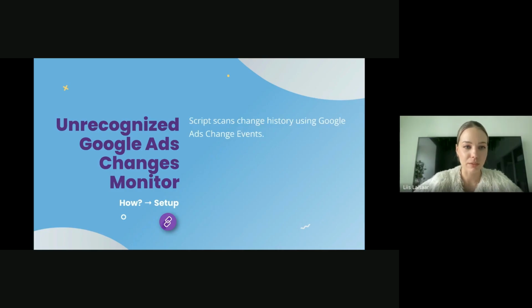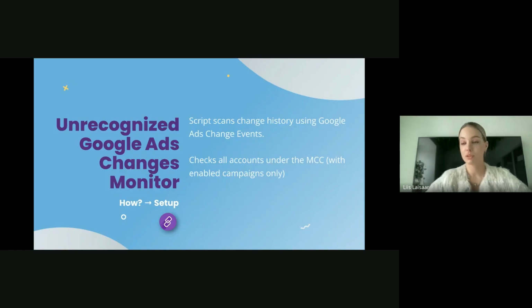Setup. Sorry, I'm already so deep in scripts and the structure of these slides. It just scans the Google Ads change history using the change events and checks all accounts under the MCC and all accounts that have enabled campaigns.